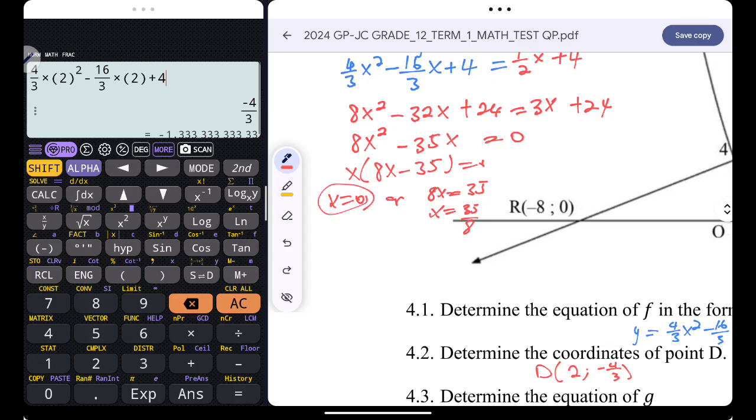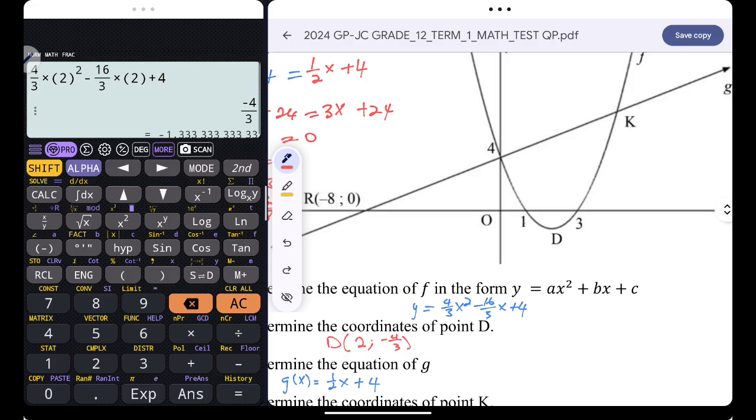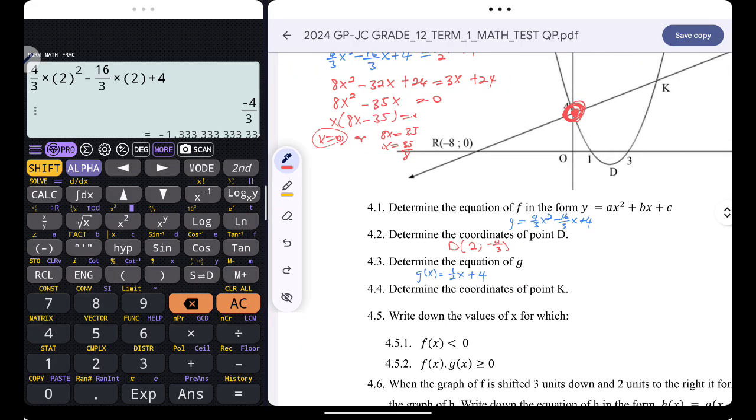Yes, I was expecting to find one of the solutions to be 0. Why? Because I know that the two graphs will intersect one another whenever x is 0. Are you together? So it simply means that this other x value is the x value at point K. So how can I find the corresponding y value?